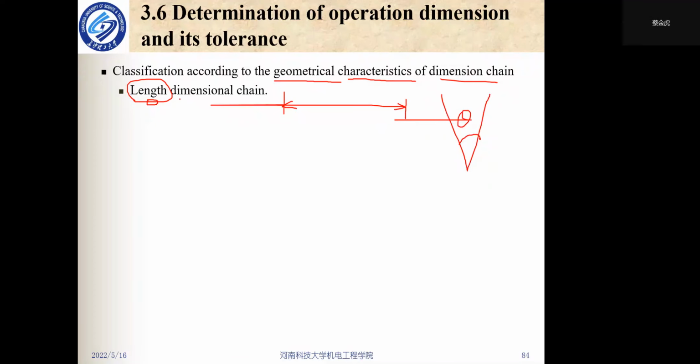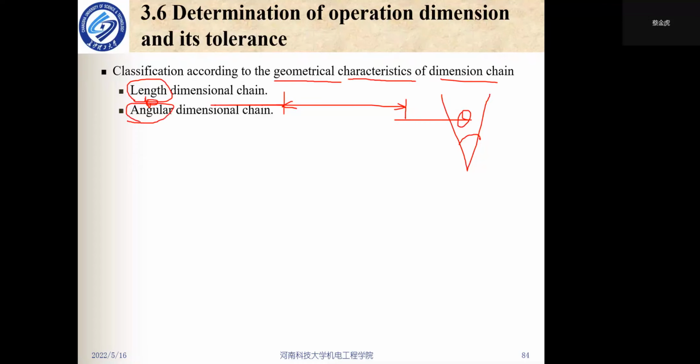Each dimension in the dimension chain is a measure of the length. And the second one is the angular dimension chain, as opposed to the length dimension chain.